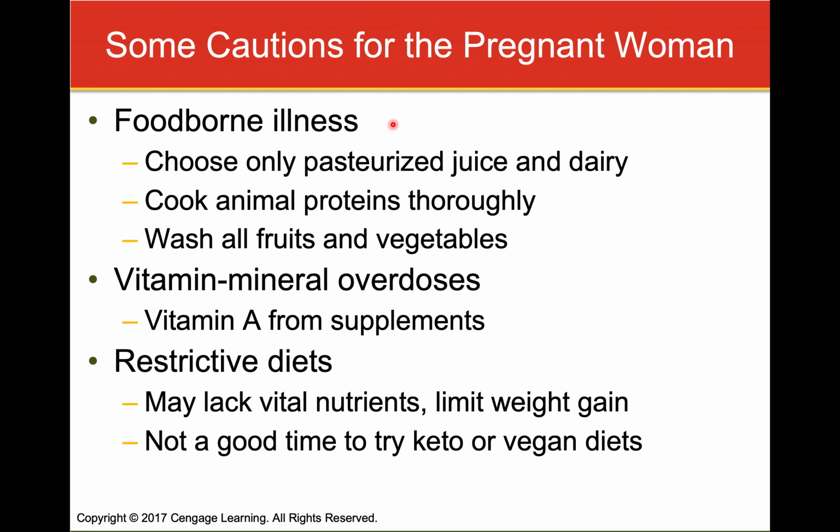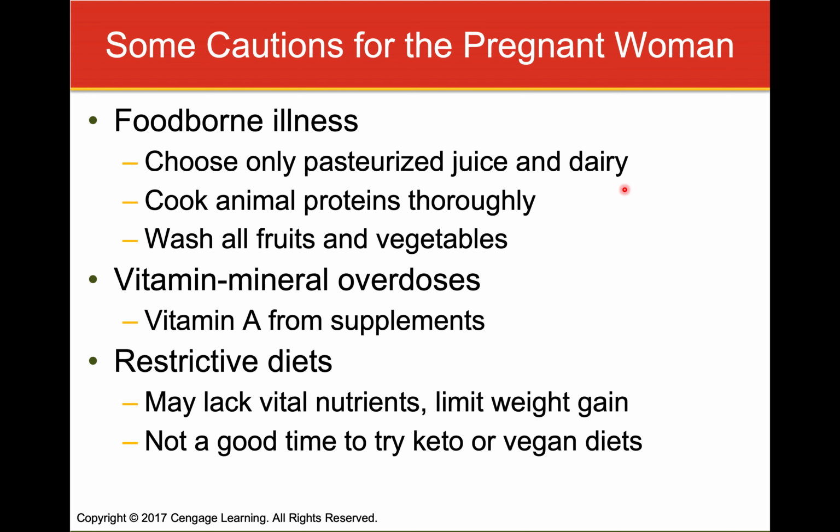Other cautions for the pregnant woman: foodborne illness. So you want to practice food safety guidelines to minimize risk of getting sick from the food that you eat. Some things to do are to choose only pasteurized juice and dairy. Pasteurized is a food processing that heats the food at very high temperatures to destroy any bacteria that may be in it.